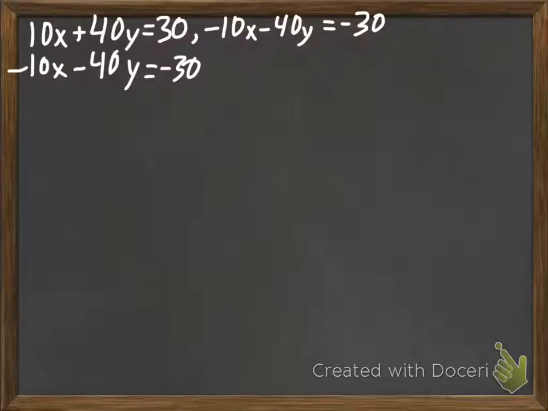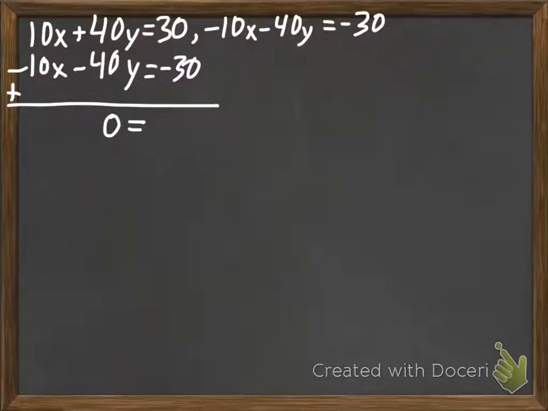And I'm going to look, do I have opposites? I have opposites with my x, and I have opposites with my y. So I have two opposites, which means regardless, I can combine. So I'm going to add these. 10 minus 10, 0, so I don't have to write it. 40 minus 40 is also 0. But because I need something to write here on the left, I am going to put a 0.